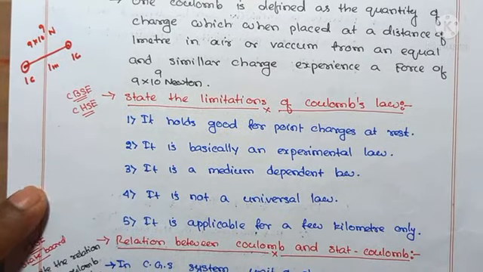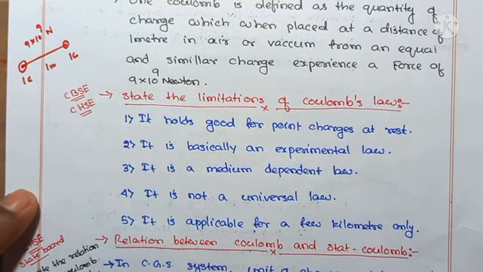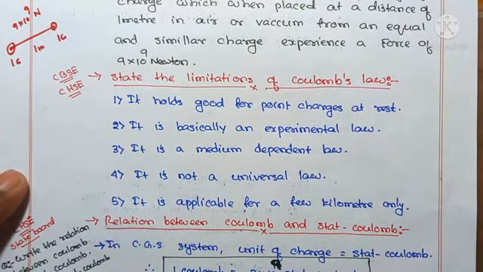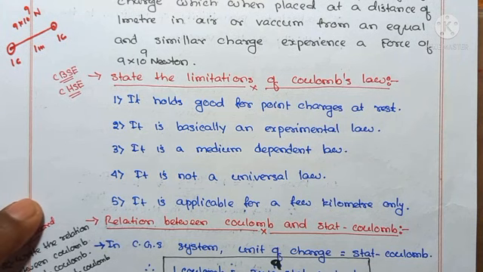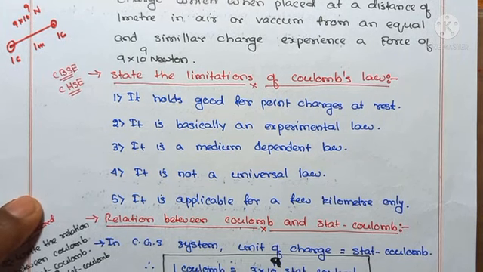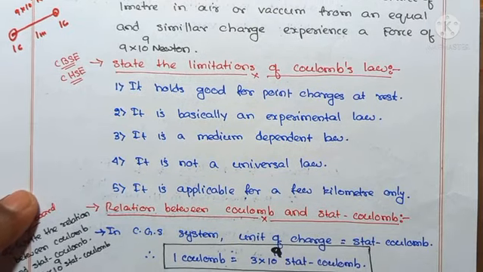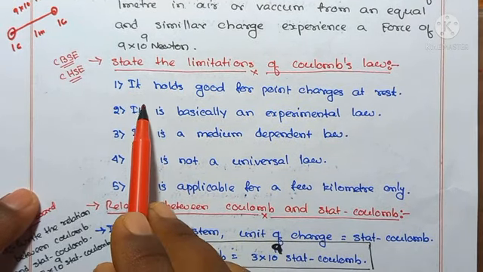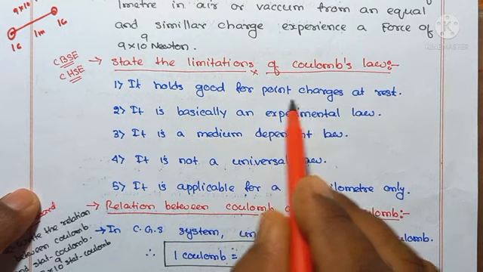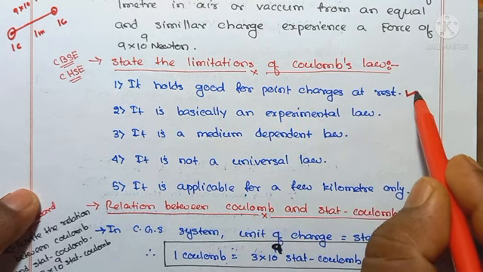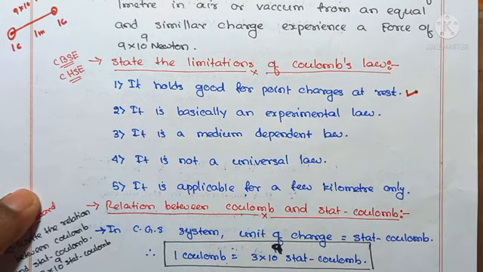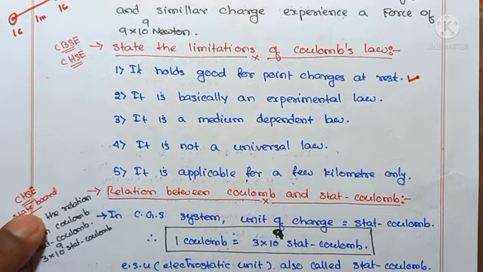Limitation of Coulomb's law. Some examiners also ask to state the limitation of Coulomb's law. To explain the limitation of Coulomb's law: it is applicable for point charges at rest only.